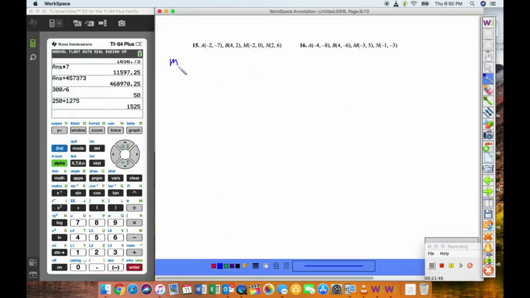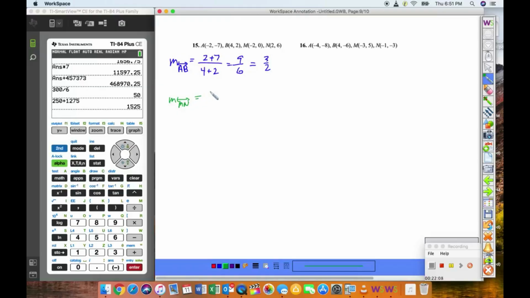Let's find the slope of line AB. That's going to be 2 plus 7 over 4 plus 2, which is 9 over 6, which reduces to 3/2. Find the slope of line MN.